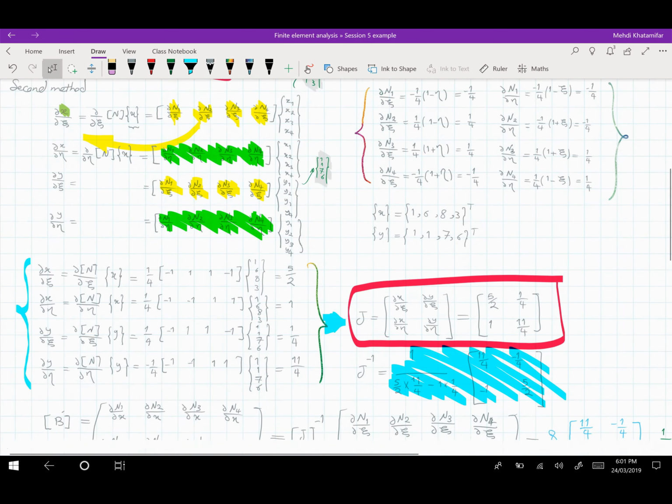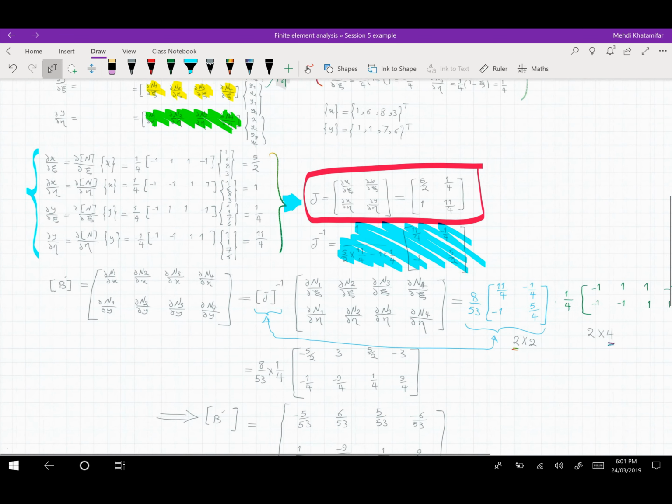And again we found the inverse Jacobian to make sure everything is okay. And later we said after finding the Jacobian matrix, we can easily find the strain displacement matrix, which is the derivative of shape function over global coordinates. We said shape functions are not in terms of global coordinates, so we need the Jacobian.